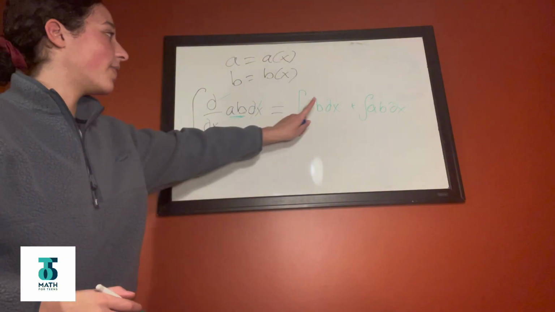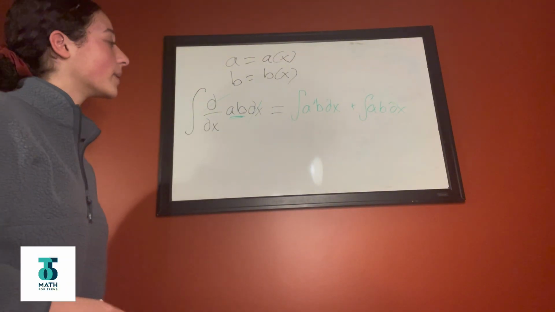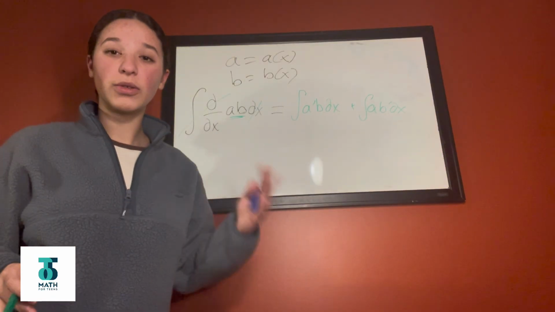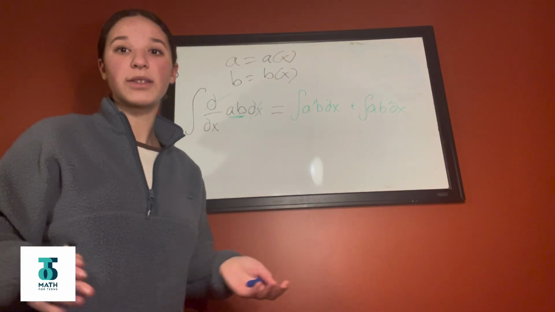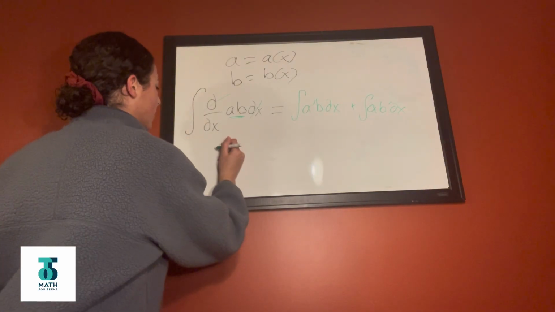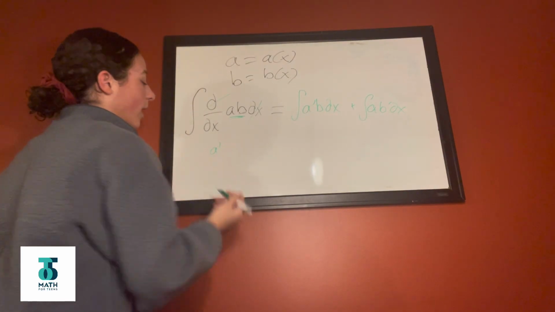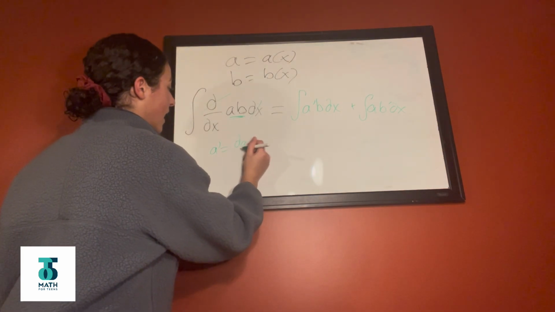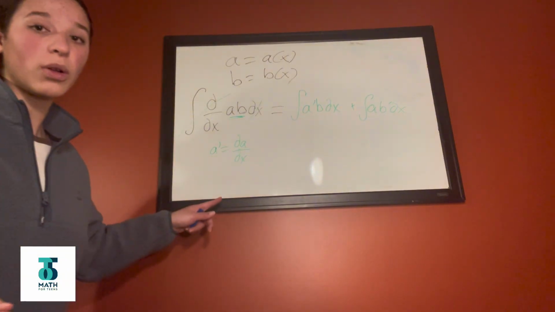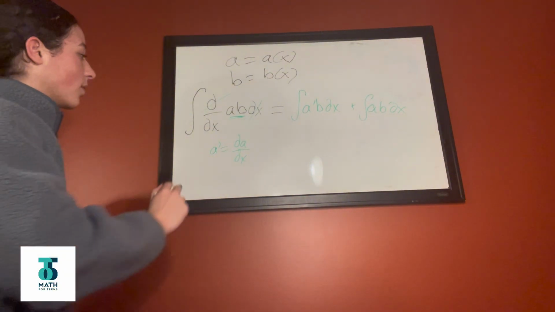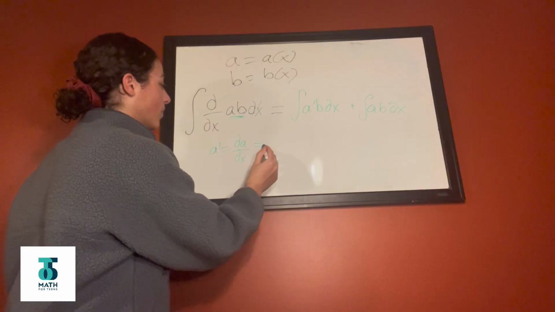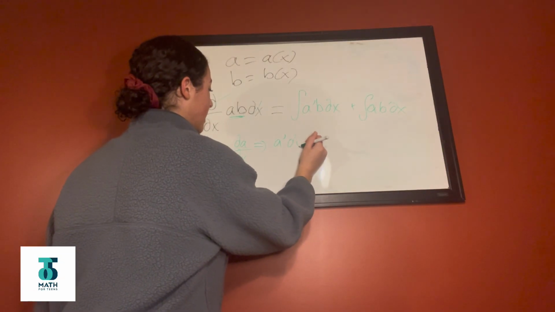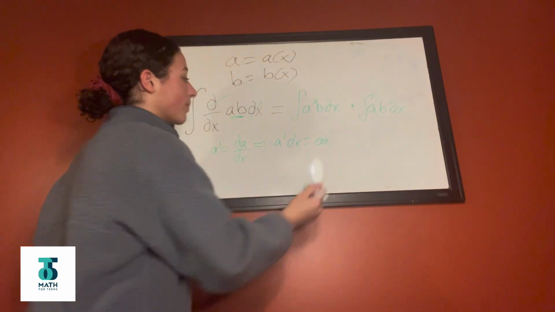Okay, on this side, this is where we're going to do a little bit of a change of notation. And we're going to make a comparison between the Newtonian and Leibniz's notation for derivatives. So we have on one side a prime, and this is the same as saying dA over dx. The two are equal. Well, now that means that if I multiply both sides by dx, I get a prime times dx is equal to dA.